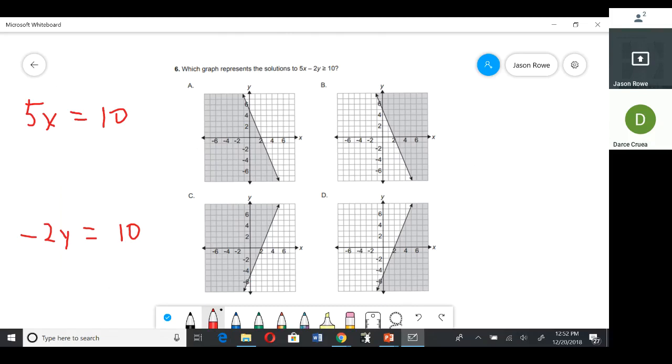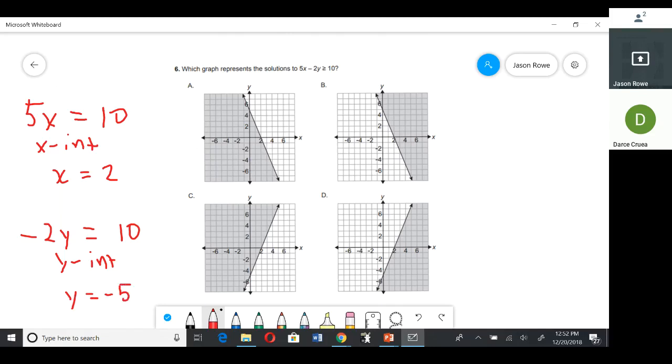If we divide both sides by 5, x would equal positive 2. And the y-intercept, if we divide both sides by negative 2, we get y equals negative 5.